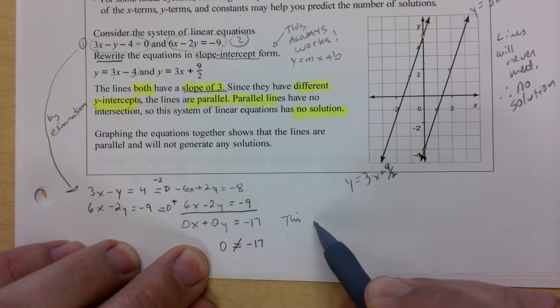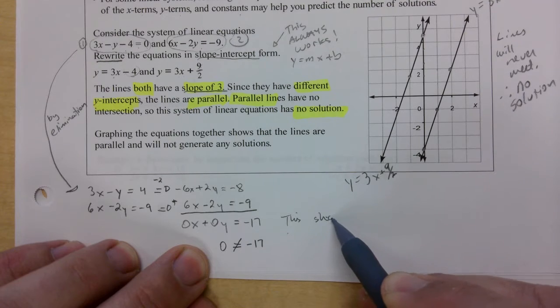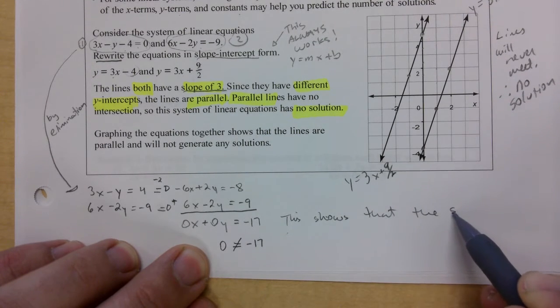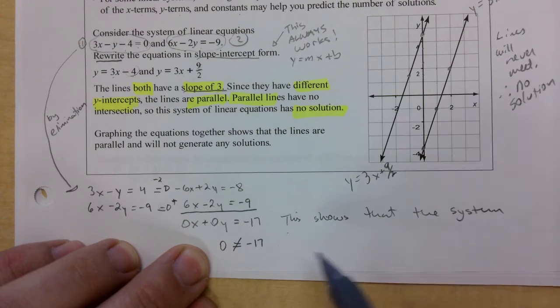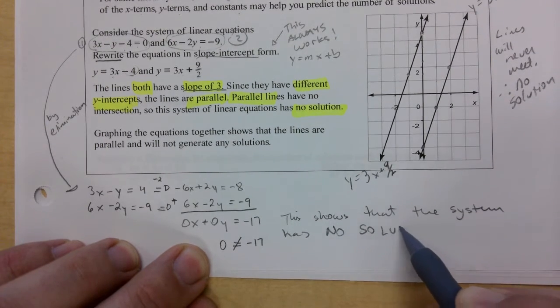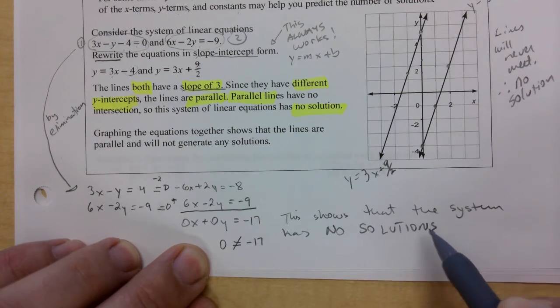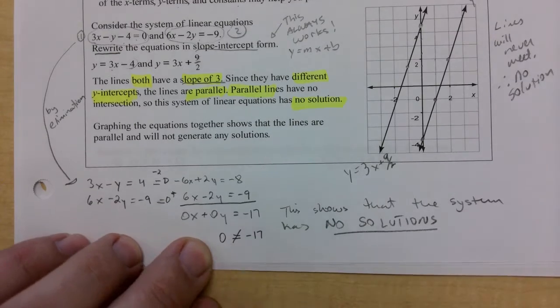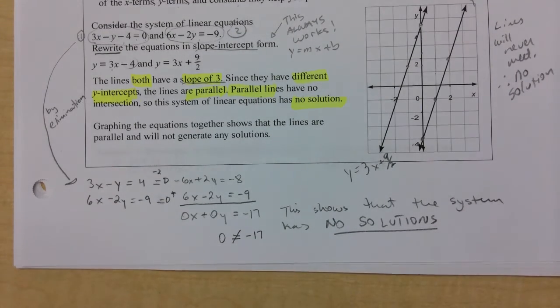This shows that the system has no solutions. Because this cannot be. 0 is not equal to negative 17.